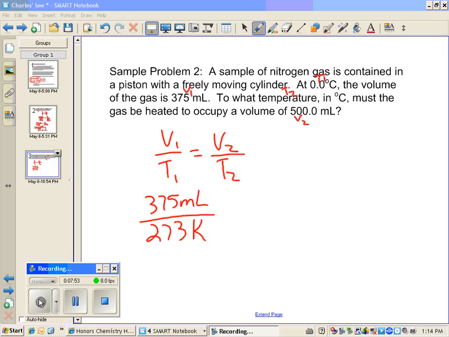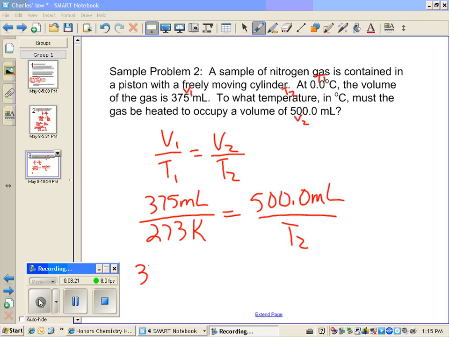All right? Does everybody understand why I'm not using 0 degrees Celsius? What is 273? When you go from Celsius to Kelvin, you add 273. So 0 degrees Celsius plus 273 gives me 273 Kelvin. All right. Equals, volume 2 is 500 milliliters. Temperature 2, I do not know. Since the variable that you do not know is on the bottom, you need to cross multiply.